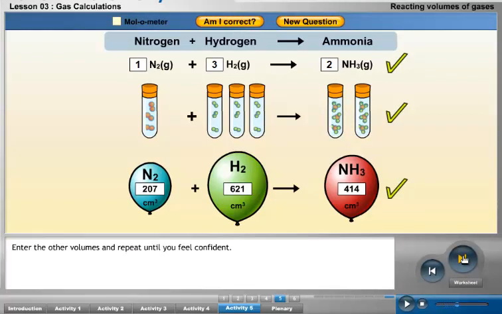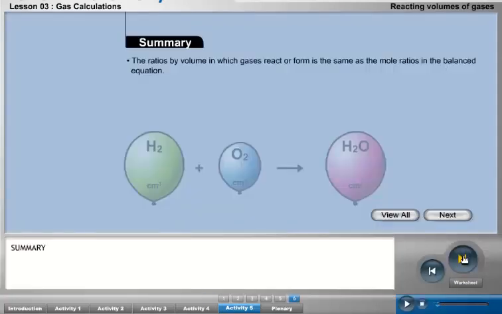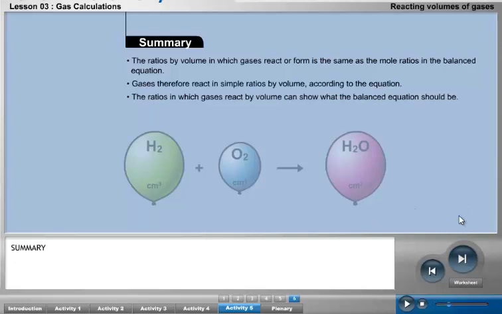Enter the other volumes and repeat until you feel confident. Summary. The ratios by volume in which gases react or form is the same as the mole ratios in the balanced equation. Gases, therefore, react in simple ratios by volume according to the equation. The ratio in which gases react by volume can show what the balanced equation should be.